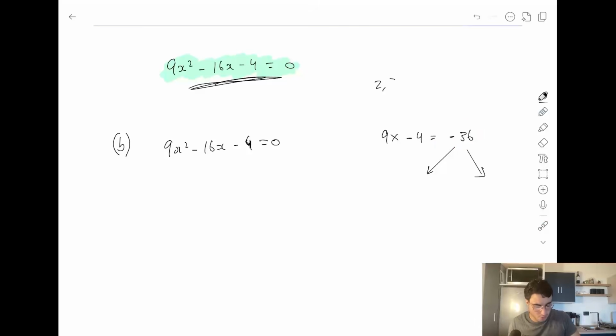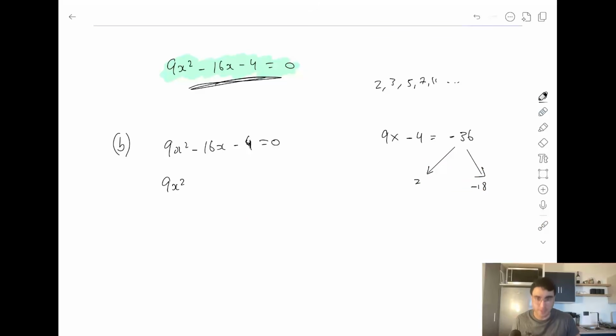So that is like 2, 3, 5, 7, 11, etc. Because that's going to help us find factors here. So if we do 2, well, what is multiplied by 2 to get to negative 36? Well, that's a negative 18. And what is negative 18 plus 2? Well, that is negative 16. So therefore, these satisfy this.